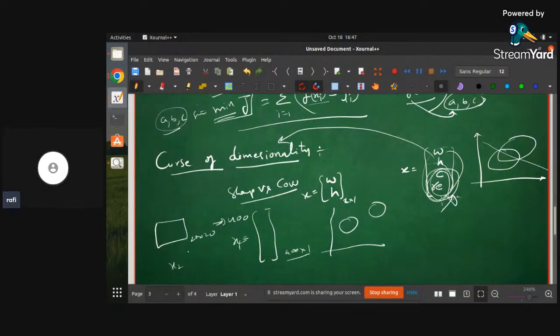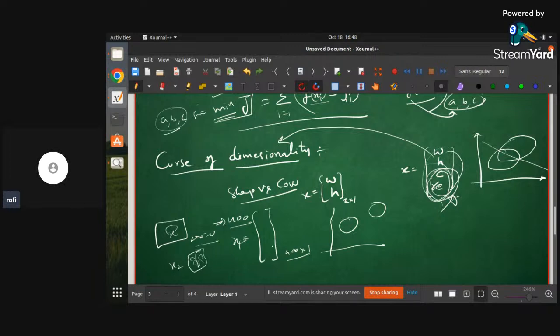Likewise x2 is another image, like a tree. This is like a neem tree, this is like a coconut tree. If you want to differentiate between neem tree and coconut tree, you need to take images of all those trees. Each image is 20 cross 20, so 400 dimensions will be there.